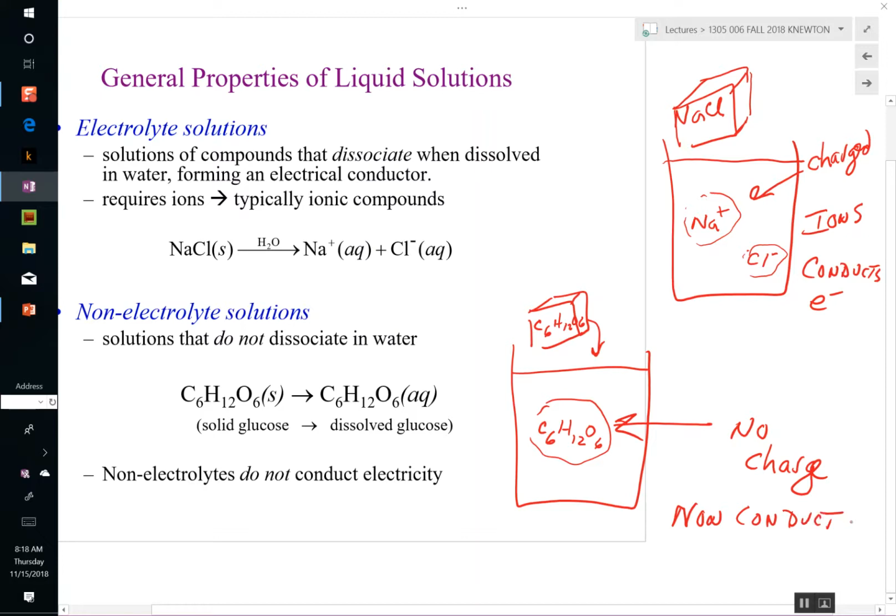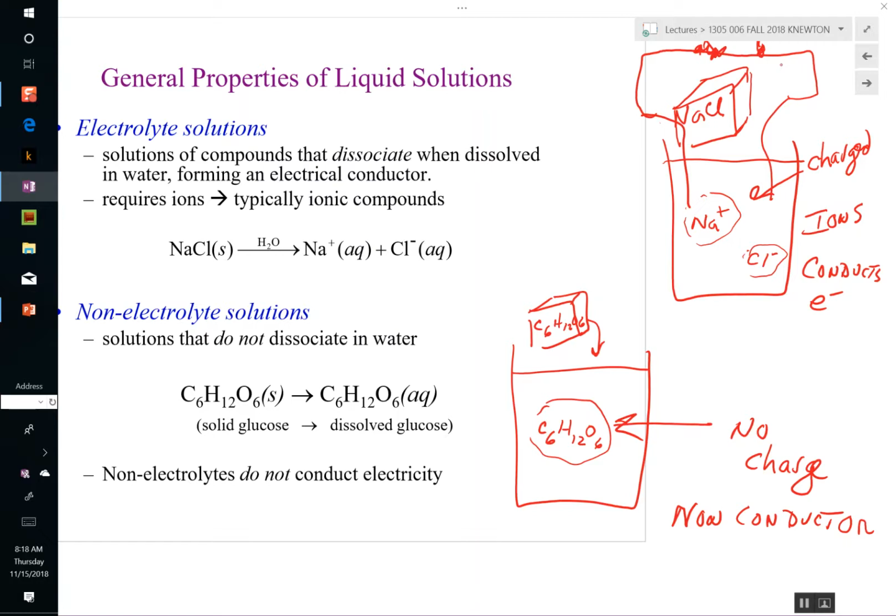It does not conduct electricity. If you put electrodes down in here and ran a wire through here and had a little battery and a light bulb, the solution would complete the circuit, and you'd have a flow of electricity, and the light bulb would come on.